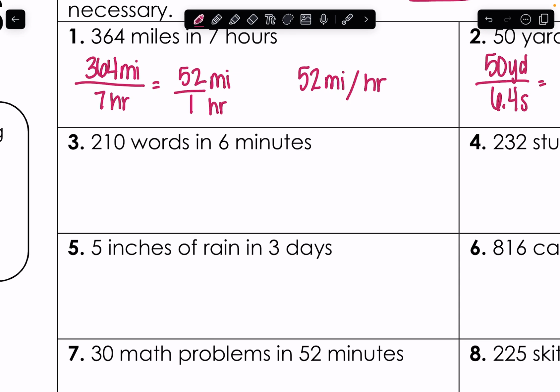Number 3, 210 words in 6 minutes. So 210 divided by 6 gives me 35 words per 1 minute. This makes sense, right? If it takes 35 words for 1 minute, then when I multiply that up, I get 210 words in 6 minutes.